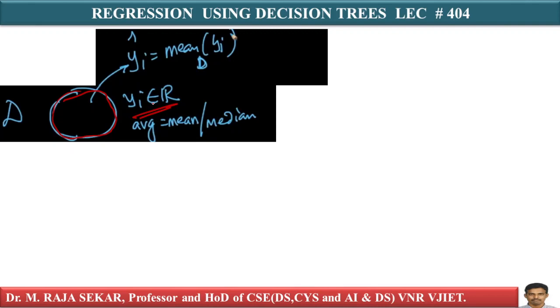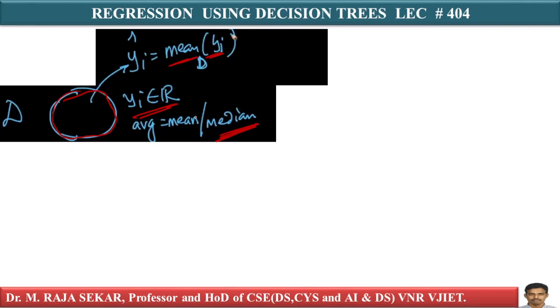At the root stage, I will take the average value of all the yi's here, the mean of yi, that is yi cap, or sometimes I can take the median also.